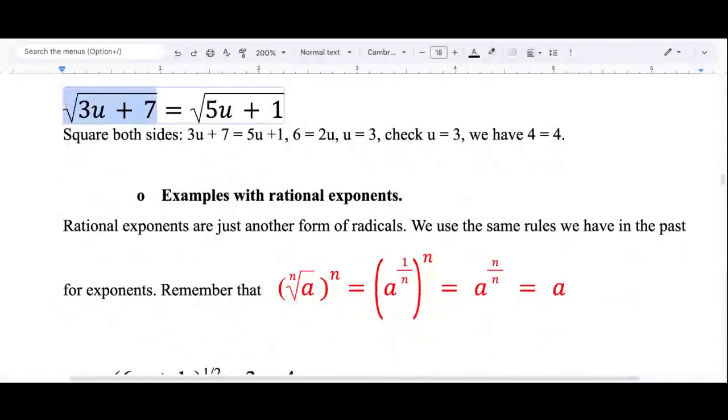Let's see this one. Well, we want to square both sides, right? When we square both sides, we get 3u plus 7 equals 5u plus 1. So that means 2u equals 6, u equals 3. We can go back to check. If u is 3, 3 times 3, 9. 9 plus 7, 16.